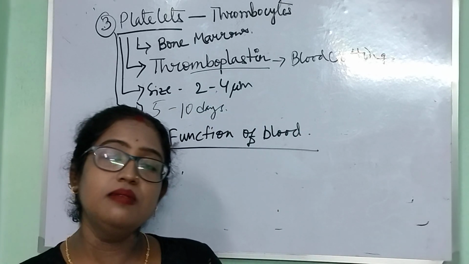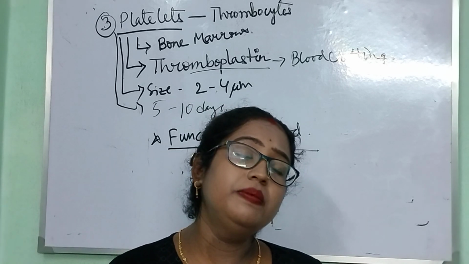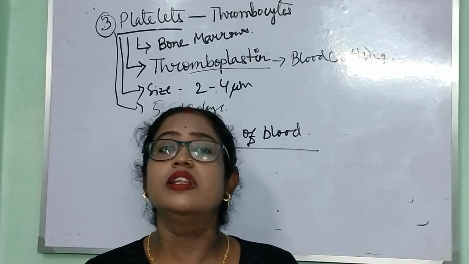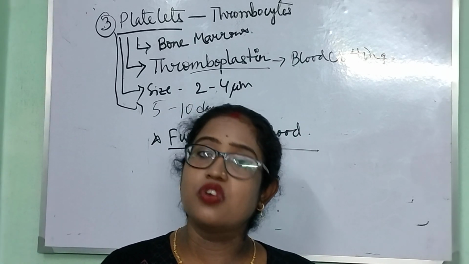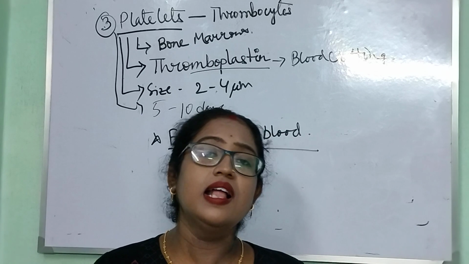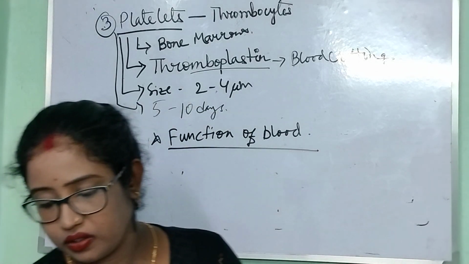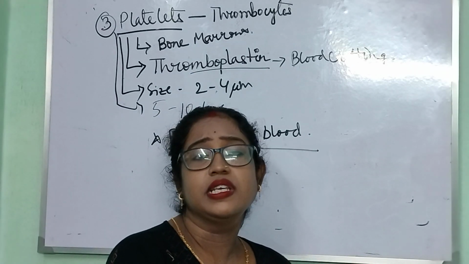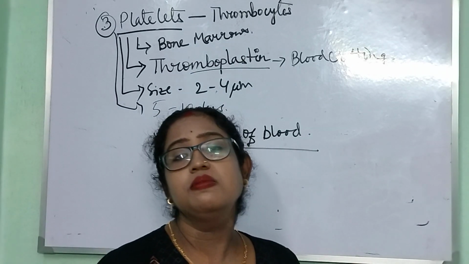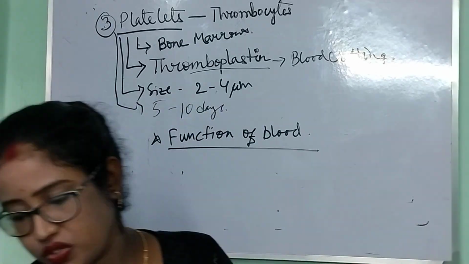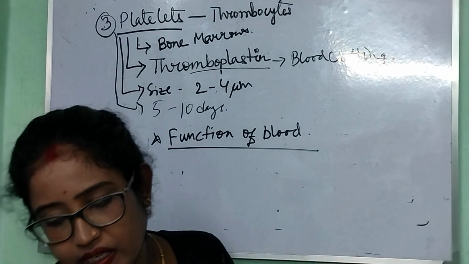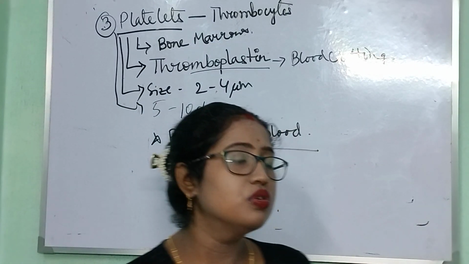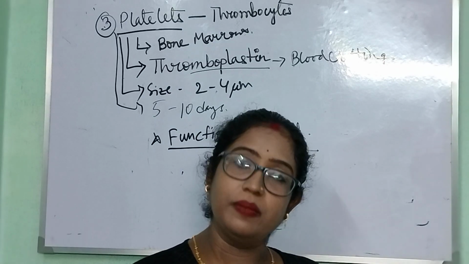The platelets help in blood clotting: if there is a cut in our body, they quickly release the thromboplastin protein and help in the clotting process. Some proteins in our blood also act as a buffer medium and maintain the body pH level. So all these are the functions of blood.